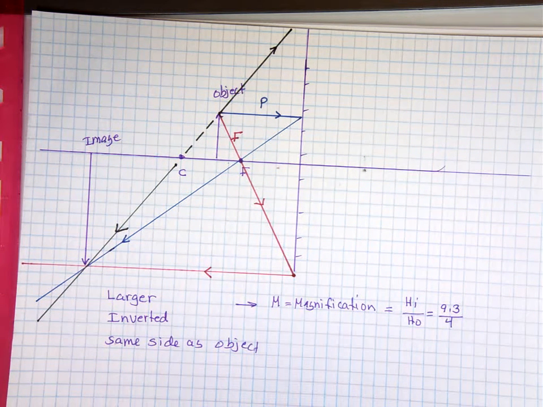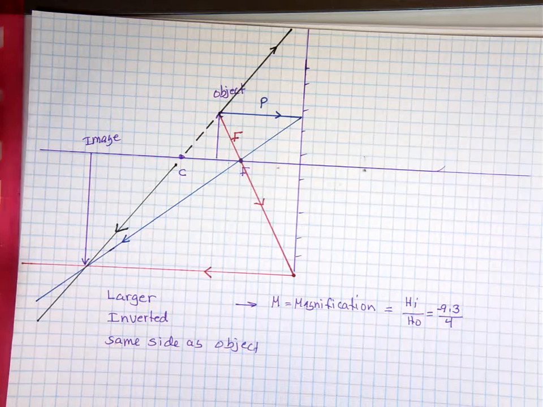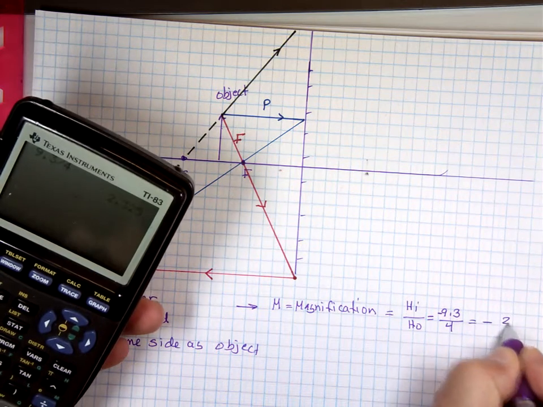So when we talk about magnification, we're going to say the magnification is minus. The minus tells me it's upside down, with numbers, when we start doing the math shortly. So that's 9.3 divided by 4, roughly negative 2.325.